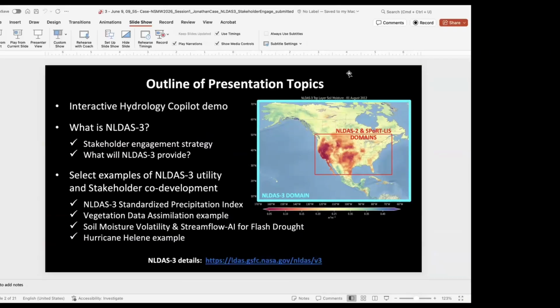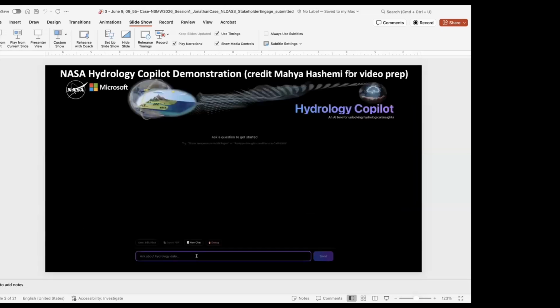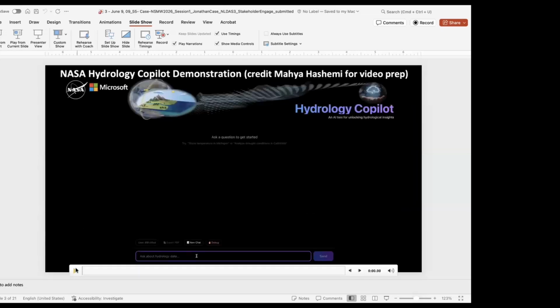That's at the crux of our NLDAS-3 development effort, is to make sure that we're developing applications and tools that are directly beneficial to stakeholders that can use our land modeling data sets. And then we'll get into a few specific examples, and then we'll talk about how we can offer up NLDAS-3 for the community out here. So let's hope this video works here.